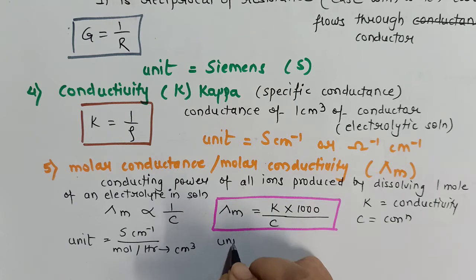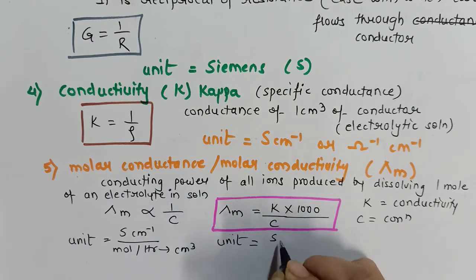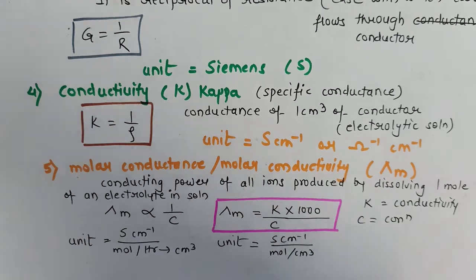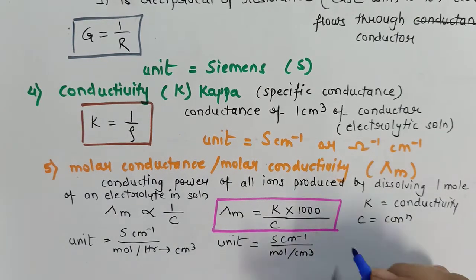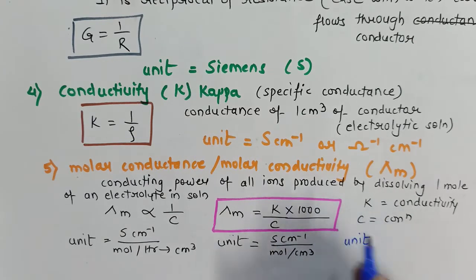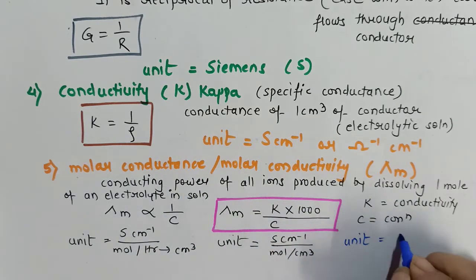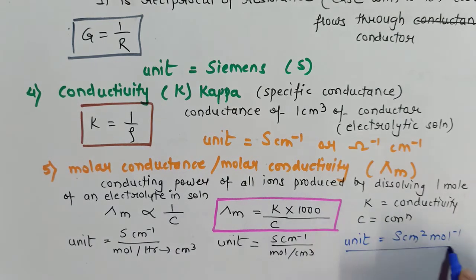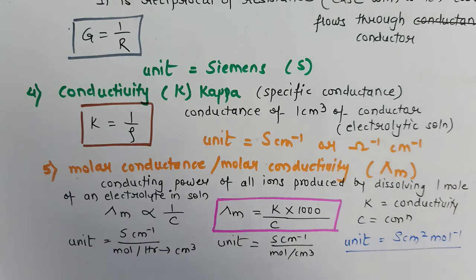So the unit is Siemens centimeter inverse upon mole per centimeter cube. Solving this, finally we can say that the unit of molar conductivity is Siemens centimeter square mole inverse, an important one. So these are the basic terminologies associated with electrolytic conductance.